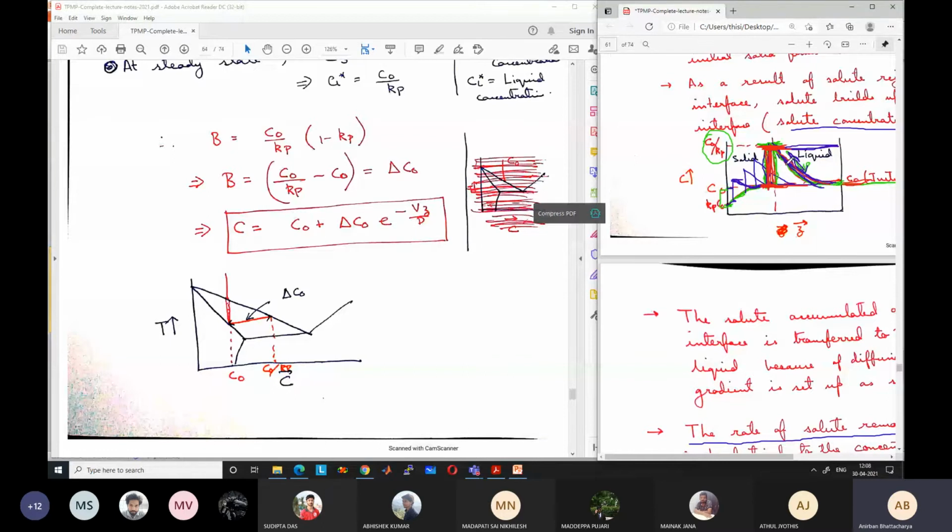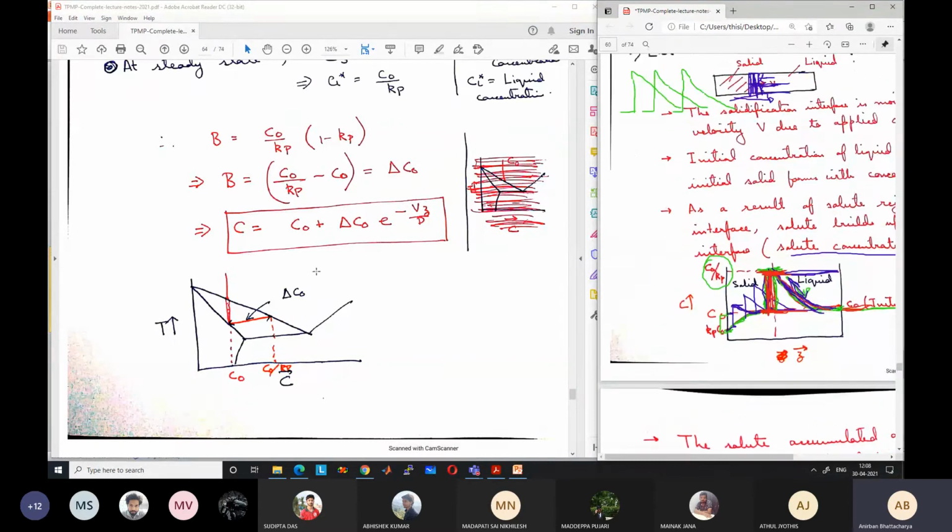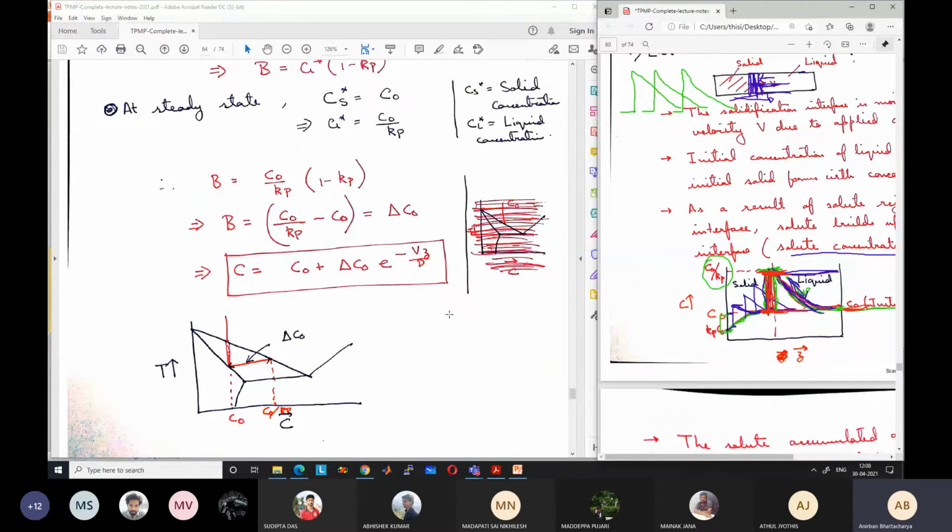Any questions? You go through it, it's not difficult to understand once you assume that we are in a moving reference frame. Okay. So deriving it the first time is difficult, but because we know the solution, for us it is easy. But the person who derived it for the first time, for him it was difficult because you do not know what approach to take.